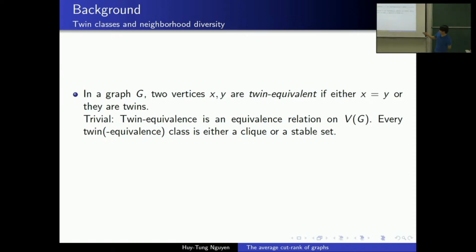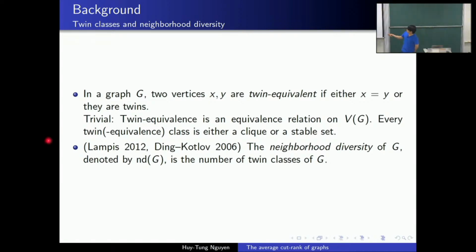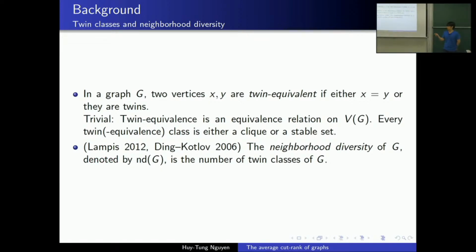Every twin class is either a clique or a stable set, right? It's just an easy fact. The neighborhood diversity of G is simply the number of equivalence classes of this twin equivalence relation, so it is the number of twin classes of G. This notion was introduced by Lampis in 2012, but was actually investigated earlier by Tùng and Koloff in 2006, under a different form.